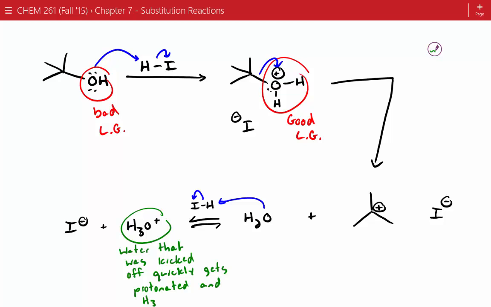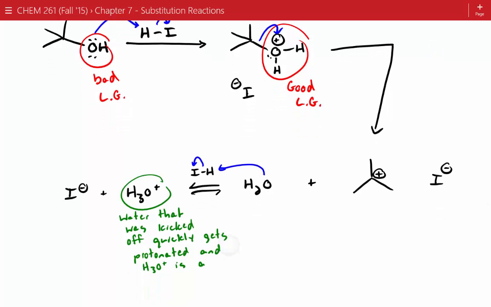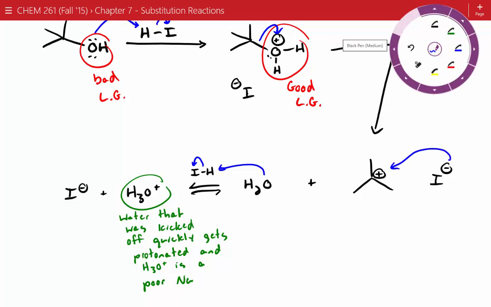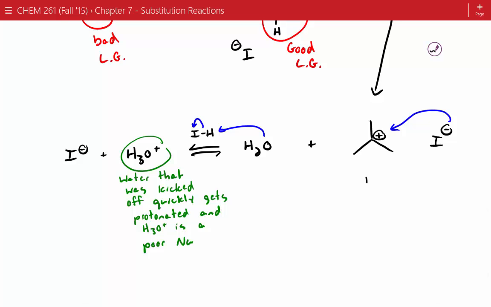And H3O plus is a poor nucleophile. So before that water even has a chance to attack that carbocation, it's dead in the water. It's protonated and it forms hydronium. That leaves us with our iodide. The iodide's still hanging out in solution. So our iodide can just add directly into this carbocation, and it can give us our desired product.